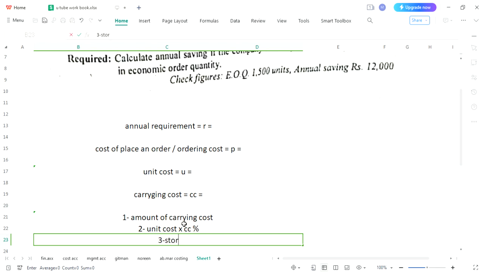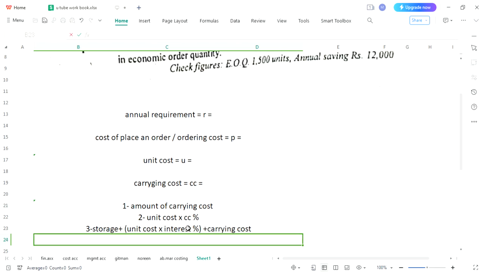The first part would be for storage, and then you will have your interest. And how would you calculate your interest? The unit cost would be taken and you will apply your interest percentage. This would be your second part, and direct carrying cost would also be given. So these are three options, and we will read our question immediately after understanding it.